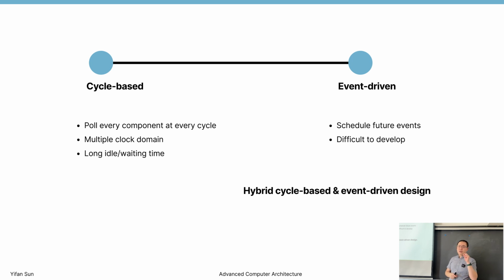So we claim we have slightly lower performance than pure event-driven simulation, and slightly more complex than a cycle-based simulation. We're taking the advantage of these two sides. We're not going to talk about this today. We're going to talk on Thursday's class about how we can hybrid these two in Akita.